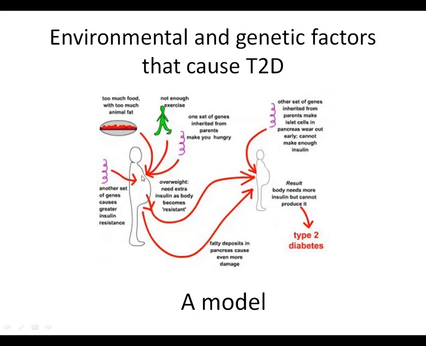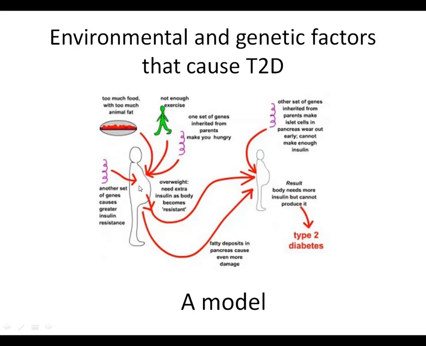All right, not all people who are overweight come down with type 2 diabetes. So another risk factor is if you have genes that cause insulin resistance. So the combination from these two is your body becomes more resistant to the amount of insulin that you have.